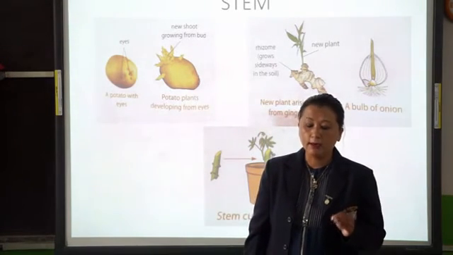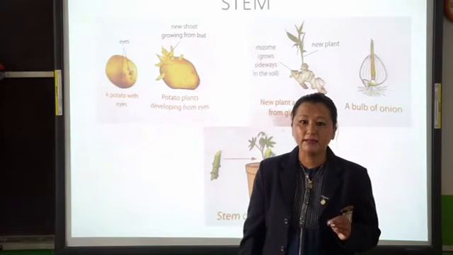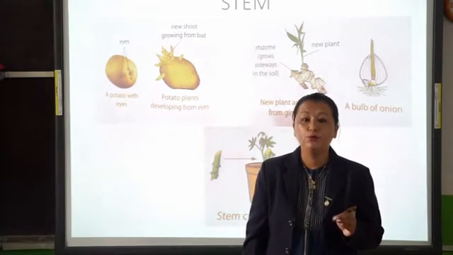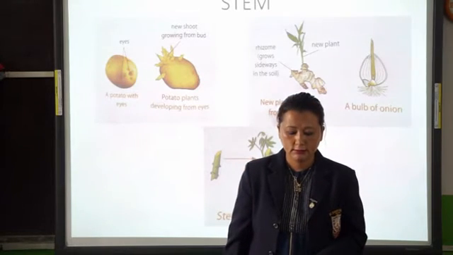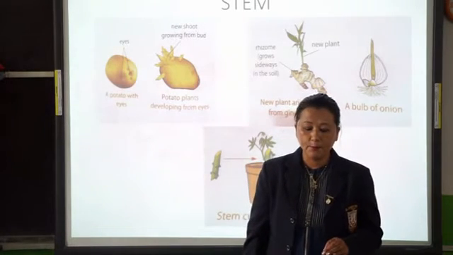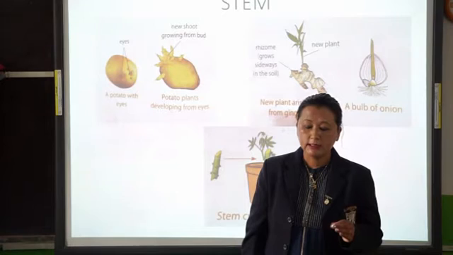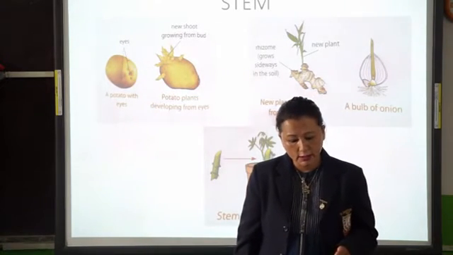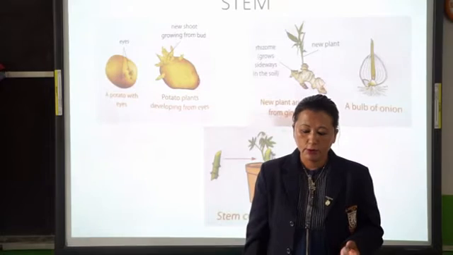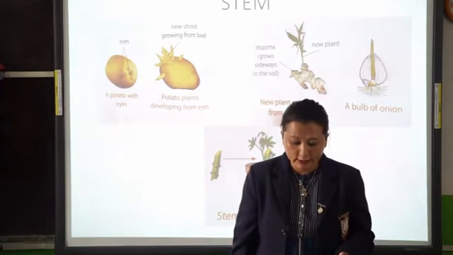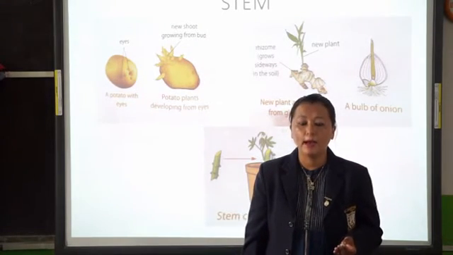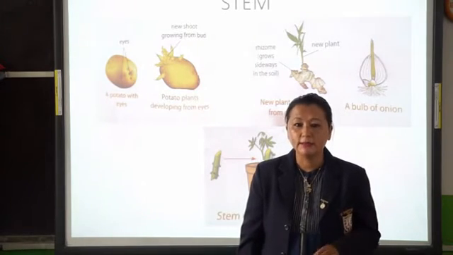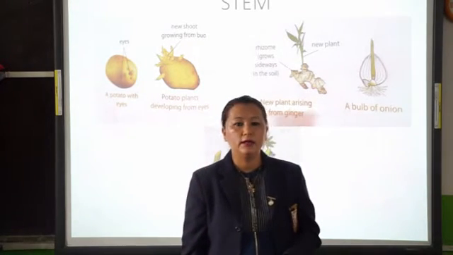Similarly, an onion bulb planted underground gives rise to a new plant. Apart from buds, stem cuttings of mint, strawberry, sugarcane, rose, hibiscus and money plant also grow into new plants in favorable conditions.